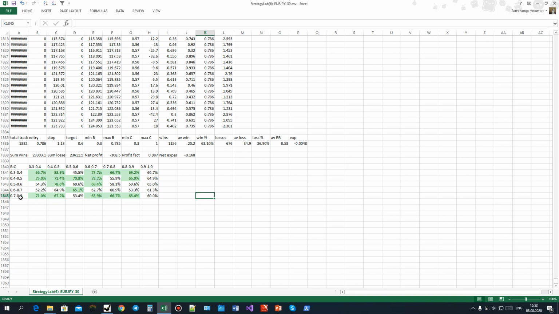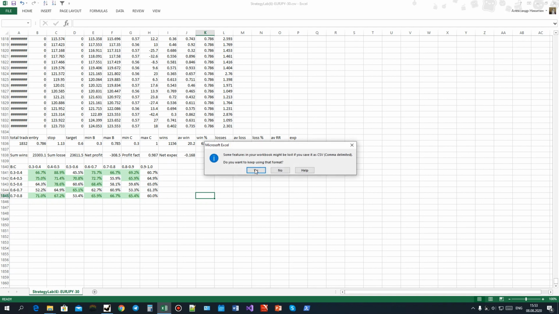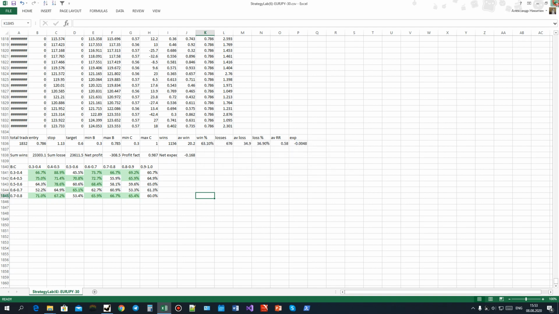You see how many winning patterns on Euro-Yen 65%, Euro-Yen 30-minute. So many patterns are winners. Although overall expectancy is a negative one, here we have those patterns winning. Okay, save it. Okay, done.